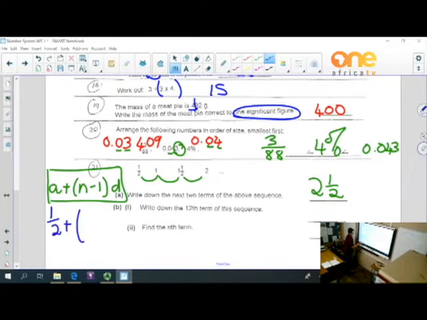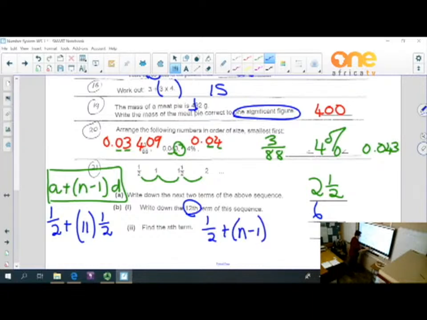Plus, now we want the 12th term. 12 minus 1 is 11. And what is the common difference? Also a half. So it is a half of 11 plus a half, and that gives me 6. And then the nth term, again, let's use our formula here. So it is a half plus n minus 1.